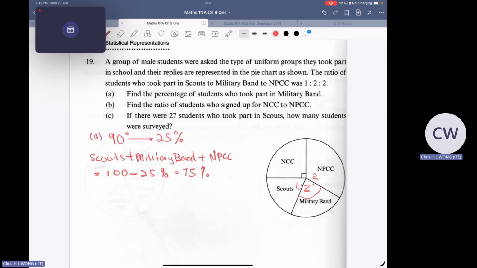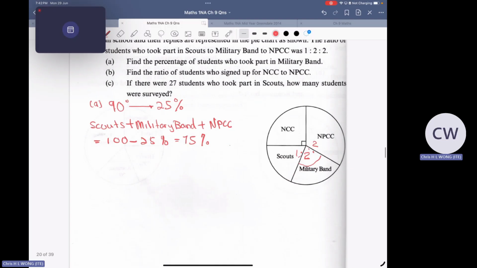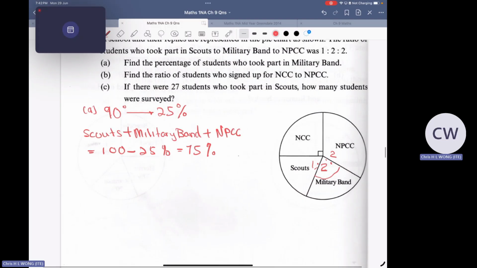I also know that the ratio is 1:2:2, total 5 parts. All I need to do is to find 2 parts. 5 parts give you a total of 75%.